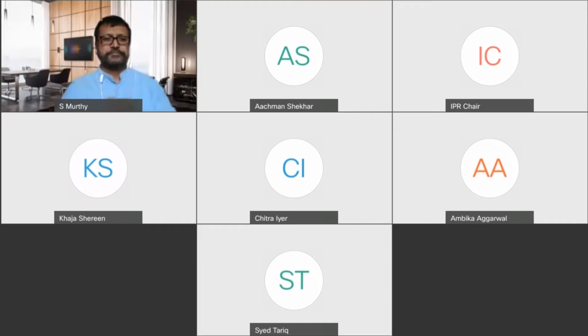Now let's look at the nature of standard essential patents itself. Since it is included into a standard, it gets a particular market power, or a dominant power.